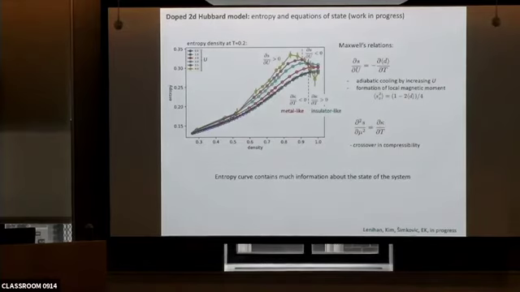So if I plot a family of curves corresponding to different U values, I immediately see regions where I have adiabatic cooling by increasing U. So my entropy rises with U here, but then on approach to half filling, I see that there's a crossover and entropy starts going down as I increase U, right?